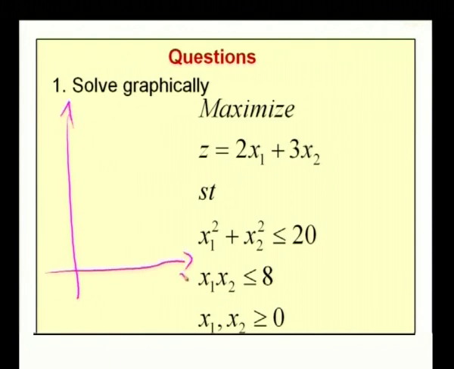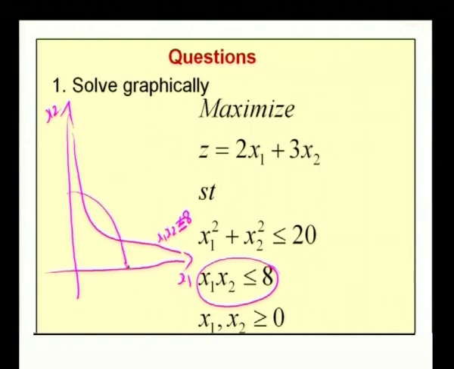Consider the rectangular Cartesian axes x1, x2. This equation is a rectangular hyperbola with the coordinate axes as its asymptotes. This is our x1 into x2 less than or equal to 8. Now, this is a circle with center at the origin and radius root 20. Therefore, we have this curve for x1 squared plus x2 squared equal to 20.